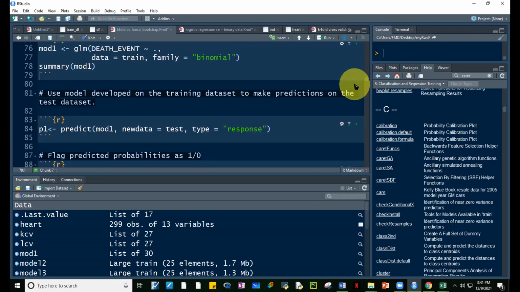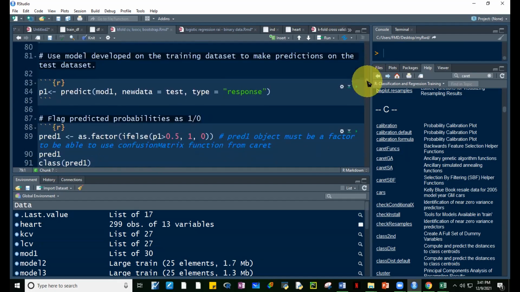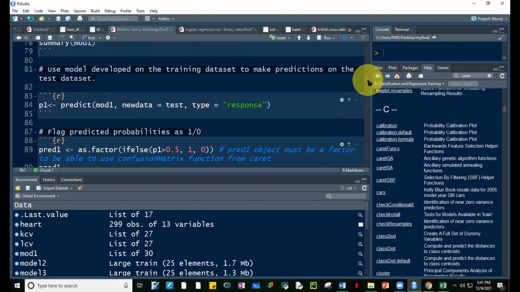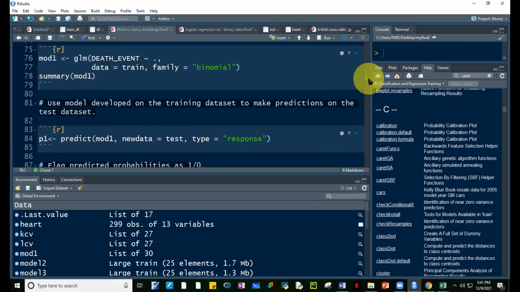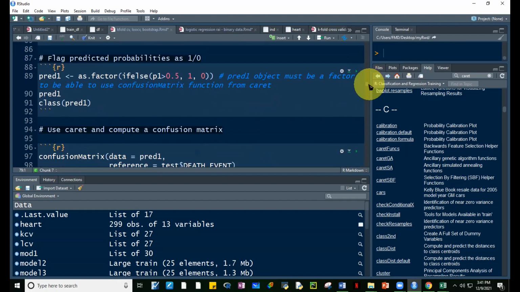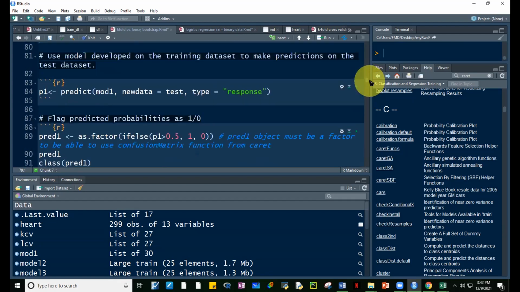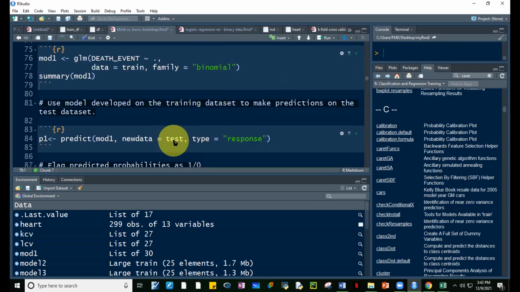Alright? Pero ang gagawin natin guys, ipe-predict natin using mod 1. Okay, diretso na tayo guys sa testing data. No? New data is testing data. So we already created a model, mod 1, using the trained data. Now we'd like to predict using mod 1 our new data, which is test.